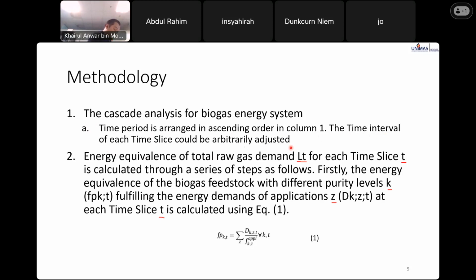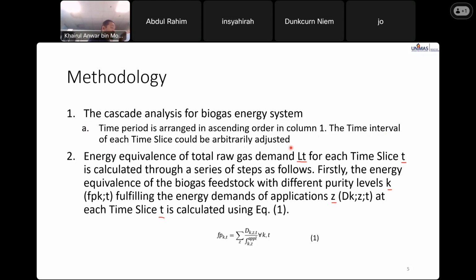For water, there is cascade analysis as well, and you need to order it, to arrange it in ascending order, just like this first step, although what you arrange is the flow rate from the lowest to the highest.